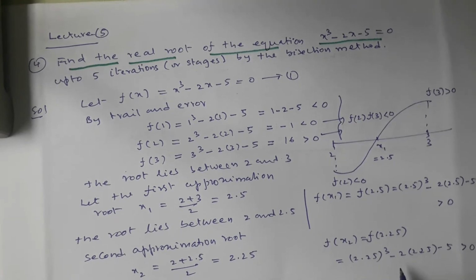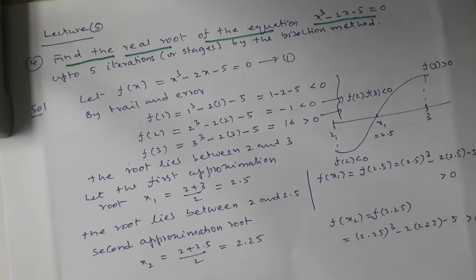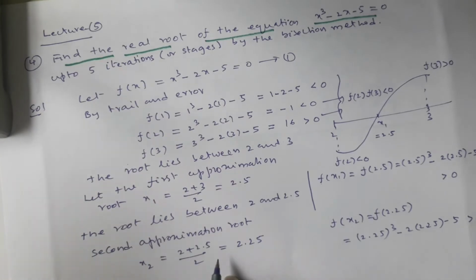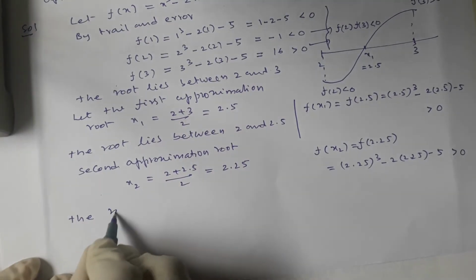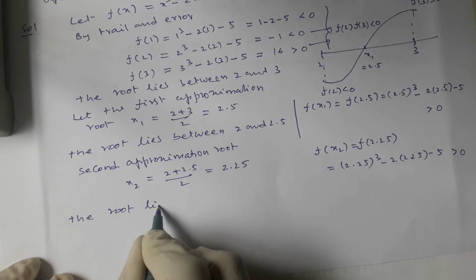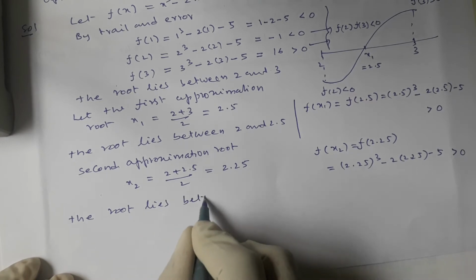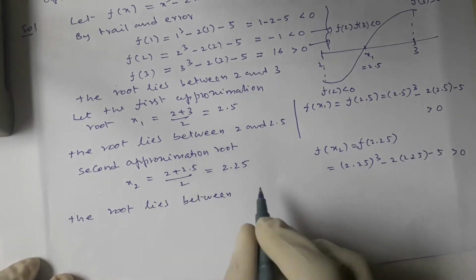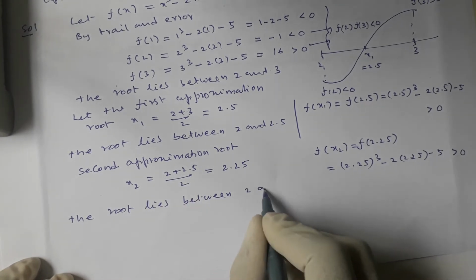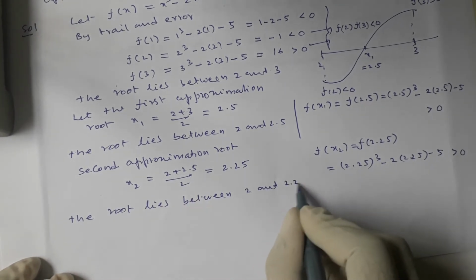As it is greater than 0, again the root lies between... as it is positive, the middle is 2.25 and it goes to the left side, between 2 and 2.25.